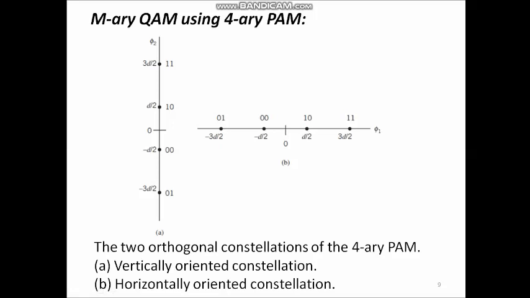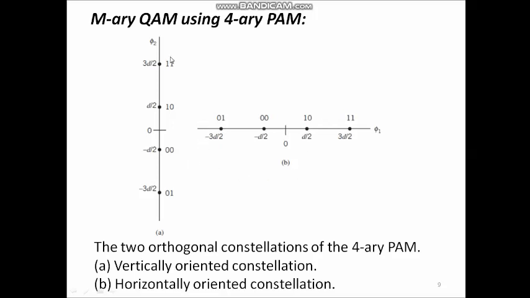In stage 1, the first quadrant constellation is calculated. For this, you need to consider 1 1 and 1 0 of figure A and 1 0 and 1 1 of figure B. In the second stage, the second quadrant constellation is calculated.